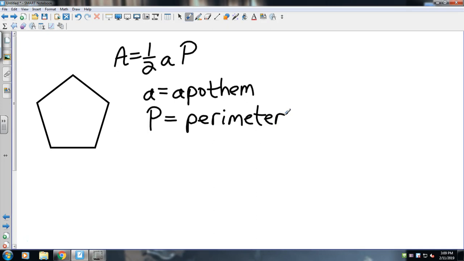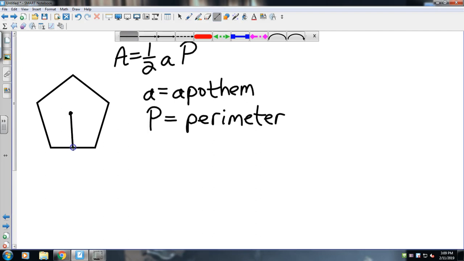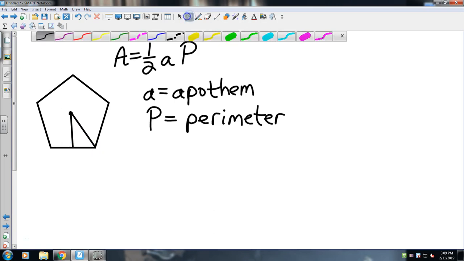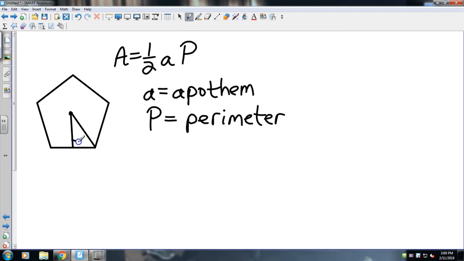So let's say that I have my center here, which means this is going to be my apothem, and then I'm going to form a right triangle. Some of you are probably a step ahead of me and going, hey, Mr. Renault, I'll bet if you form a right triangle, we might use some a squared plus b squared equals c squared.